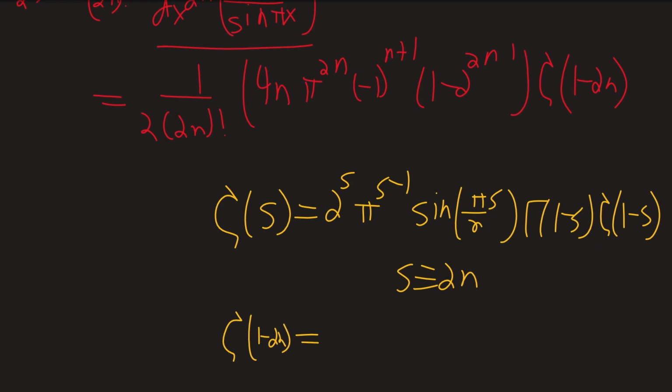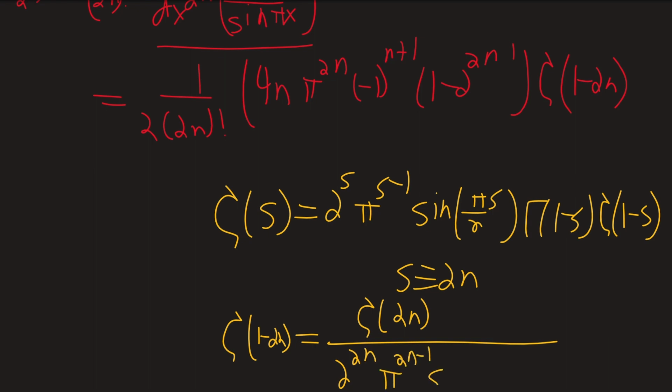So I'm just going to write the zeta on the numerator, so zeta of 2n, over 2 to the 2n times pi to the 2n minus 1 times the sine of pi s times gamma of 1 minus 2n. Which looks quite messy, especially once we combine it with this.